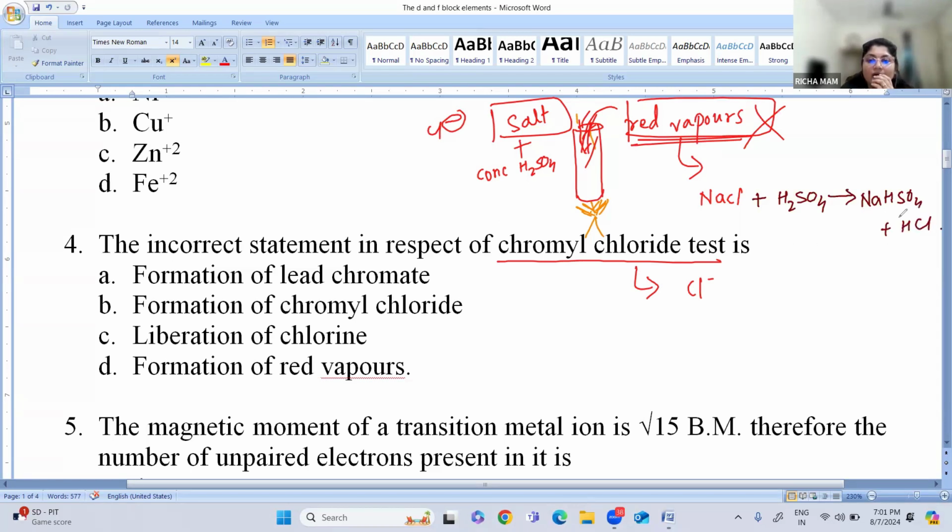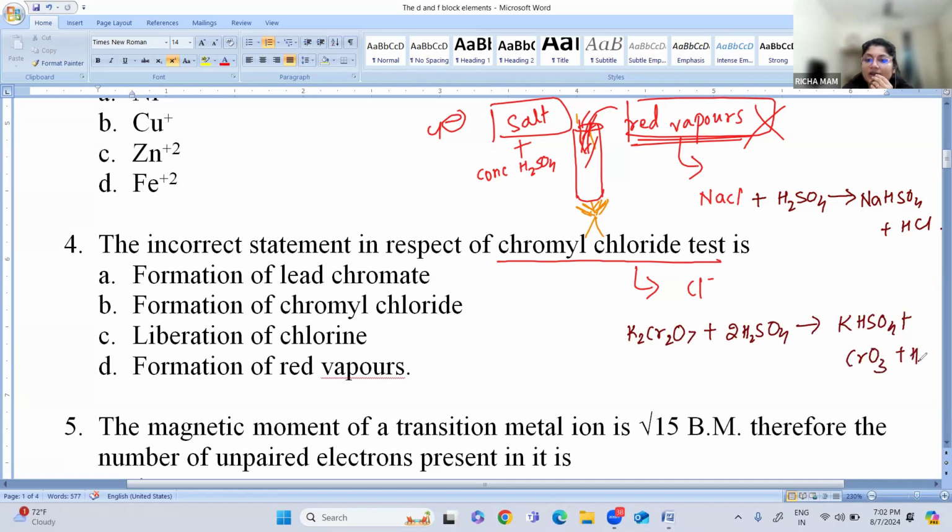After evolving the gas, we add K2Cr2O7 powder. This K2Cr2O7 powder again reacts with the concentrated H2SO4 and forms potassium hydrogen sulfate plus chromic oxide.